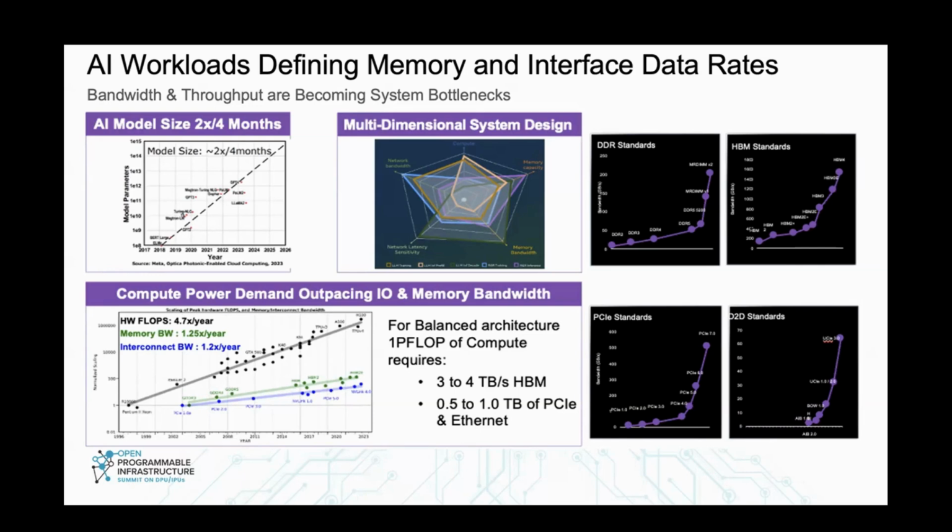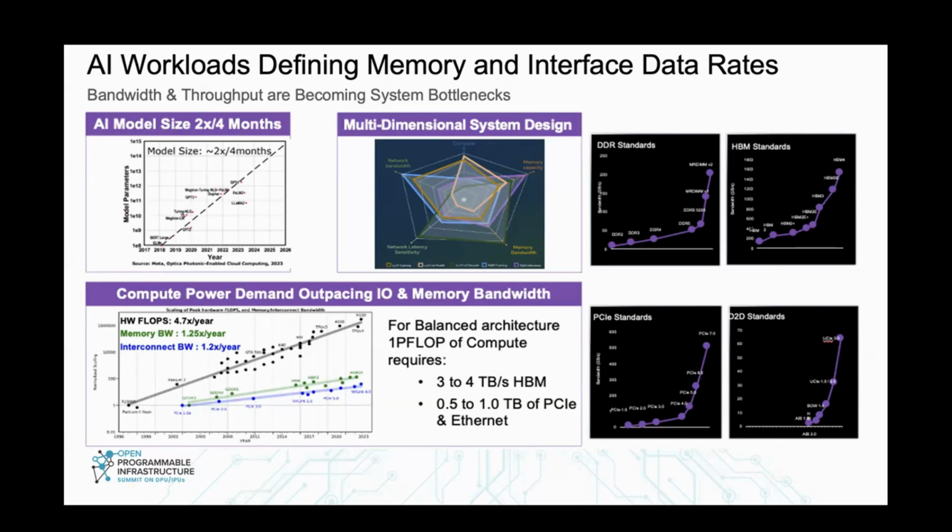If you look at the current technologies, 1 petaflop of compute needs 3 to 4 terabytes of HBM and up to 1 terabyte of PCIe and Ethernet. With these increased compute demands, memory standards as well as interface standards are under a lot of pressure. They need to evolve, and if you look at the graphs, they are increasing exponentially.